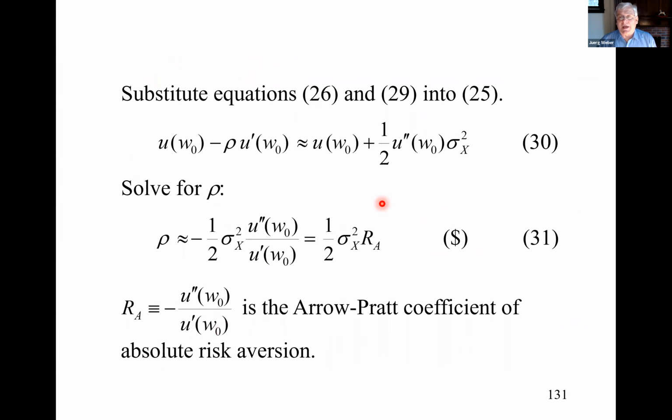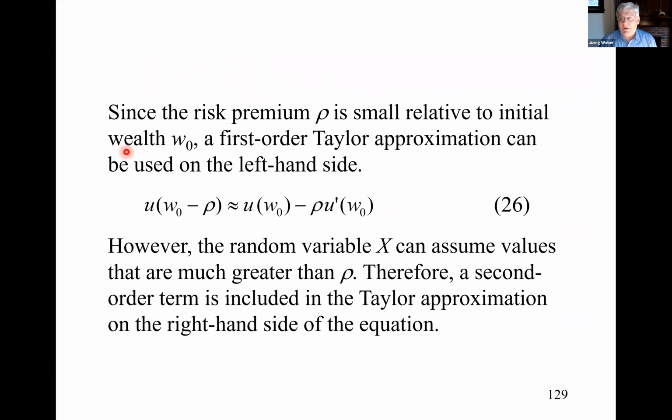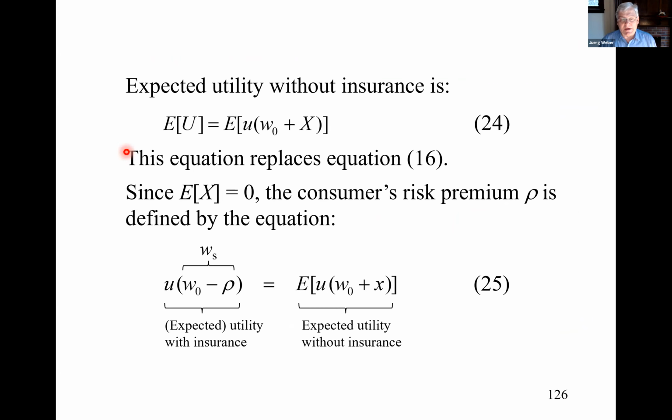So substitute now 26 and 29 into 25. Remember, we had a problem in 25. In 25, we cannot solve this because you cannot write the expectation into a nonlinear function. That's Jensen's rule. And so on the left side, we take a first order Taylor approximation.